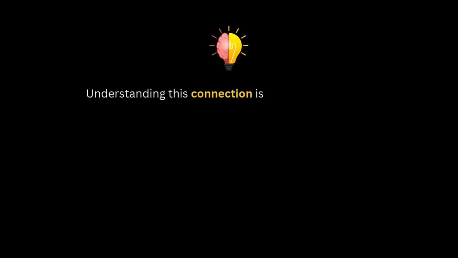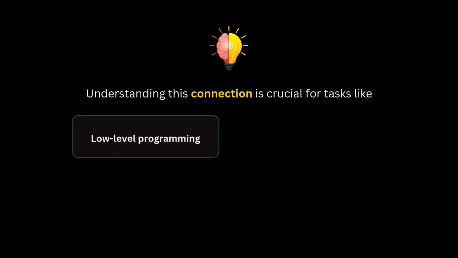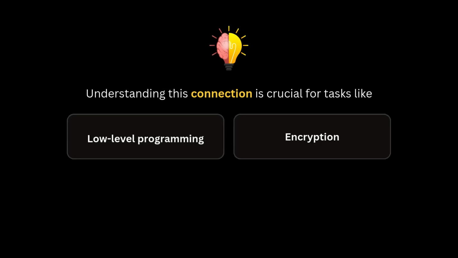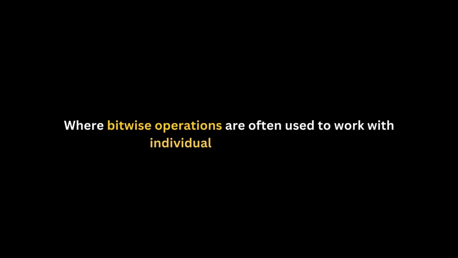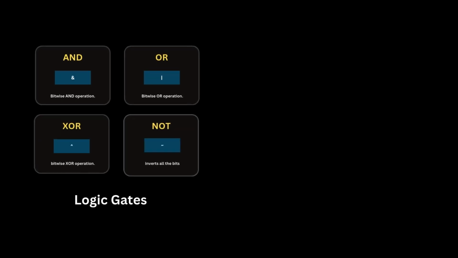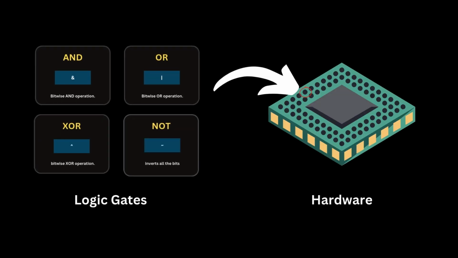Understanding this connection is crucial for tasks like low-level programming, encryption, and performance optimization, where bitwise operations are often used to work with individual bits efficiently. Since these operations happen at the logic gate level in hardware, they're significantly faster than software-based implementations.